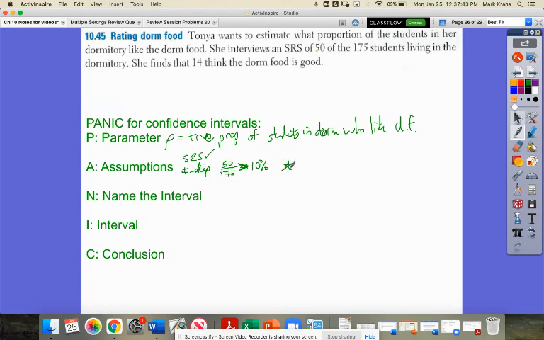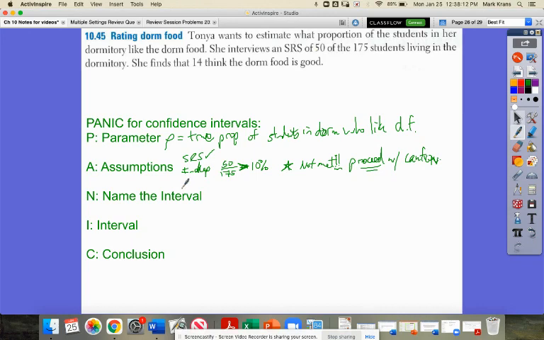So, not met. What do we do? Proceed with caution. What caution are we going to take? Nothing. We're just going to say proceed with caution, because when they tell you to find an interval, you get to the interval whether or not you've met the conditions. So proceed with caution.